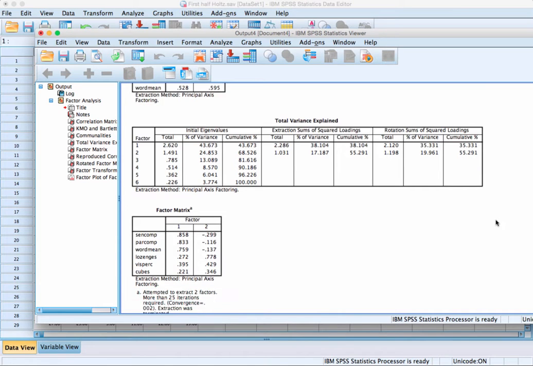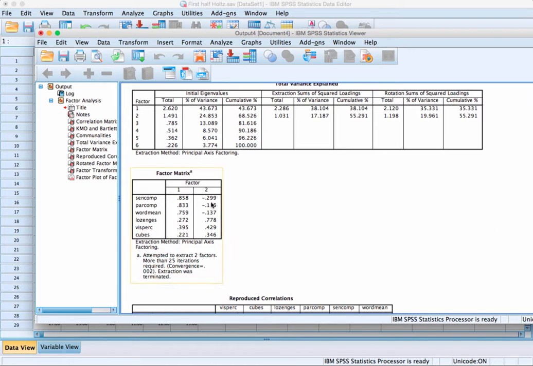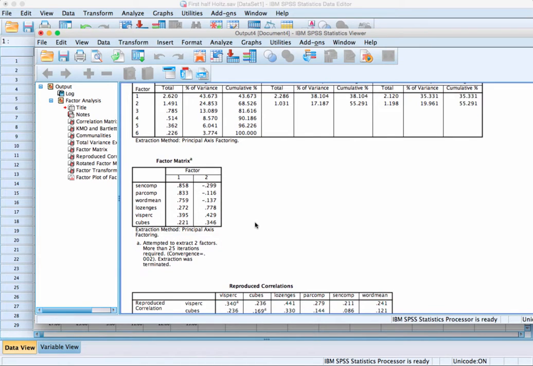Now let's go down to the factor matrix. So this matrix tells us what our factor loadings are. And in this case, our factor loadings, they're not as interpretable as they could be if we rotate that matrix, and that's why we asked to have the matrix rotated.